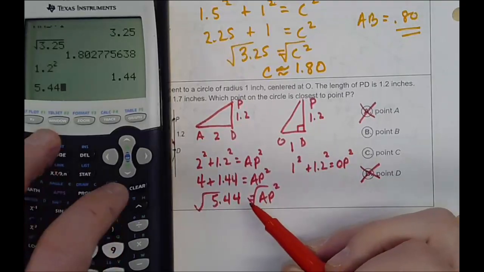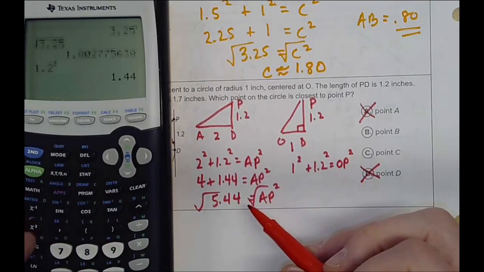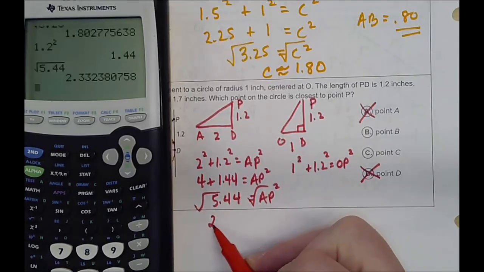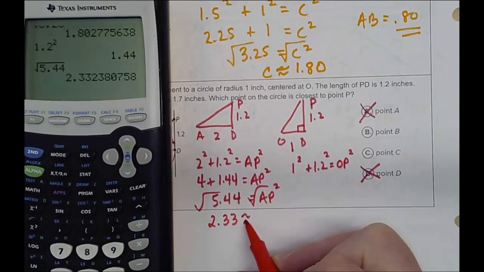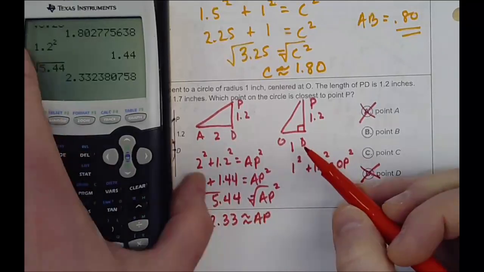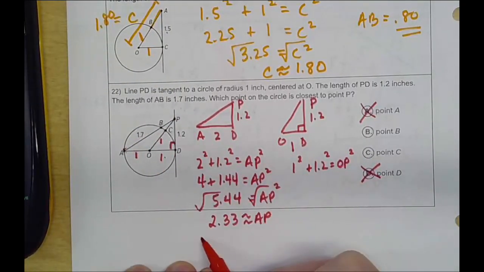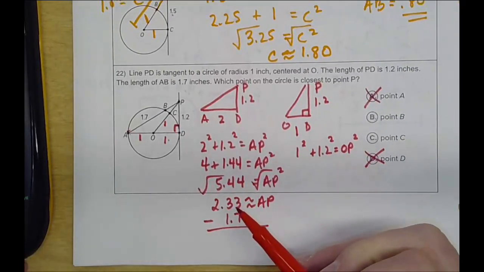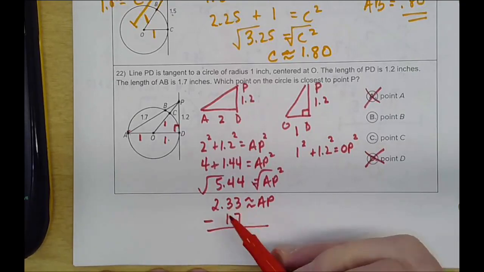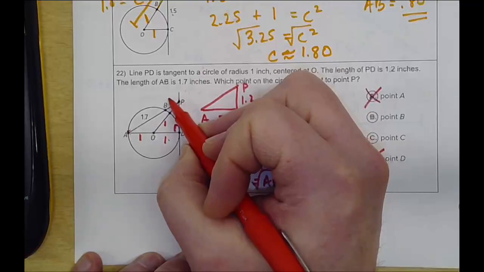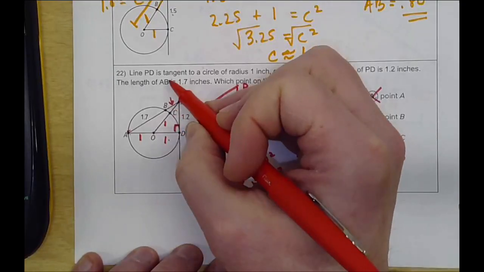Second square root 5.44. 2.33. That is rounded. That's how long A to P is. Now I got to subtract 1.7. I get 0.63. Now 0.63 is this little part right in here.